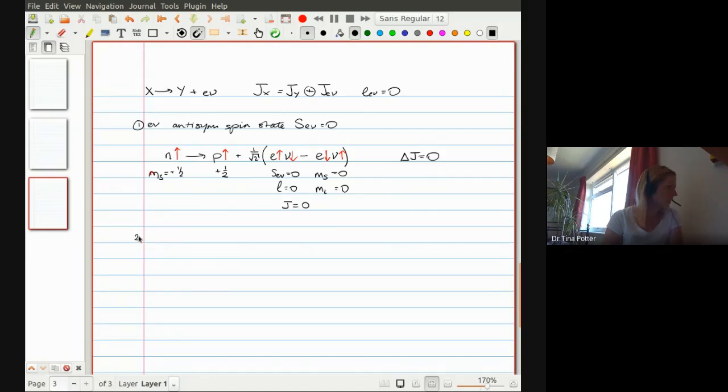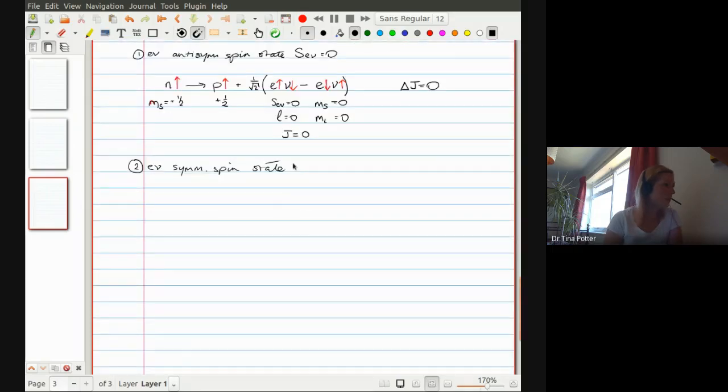Right. The next one we can have a look at is the electron and neutrino in a symmetric spin state. This is going to be where the spin is 1, and our ms values can be -1, 0, or +1.